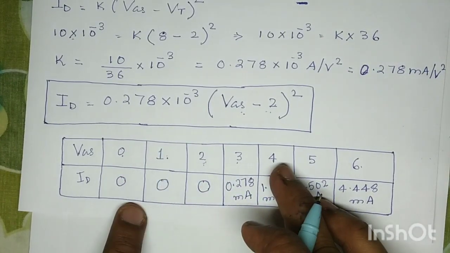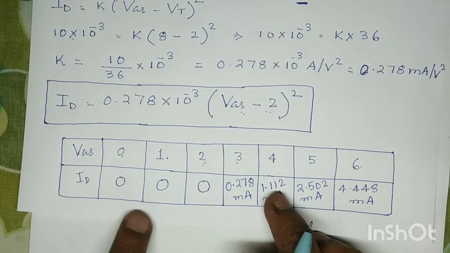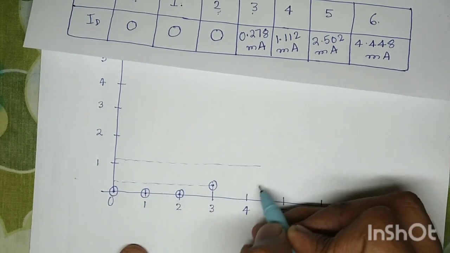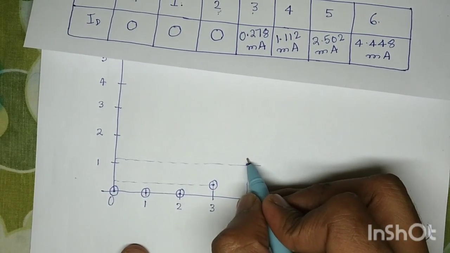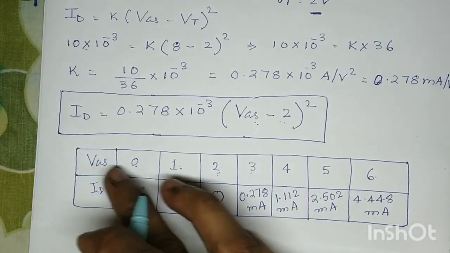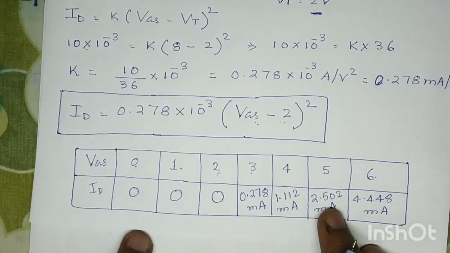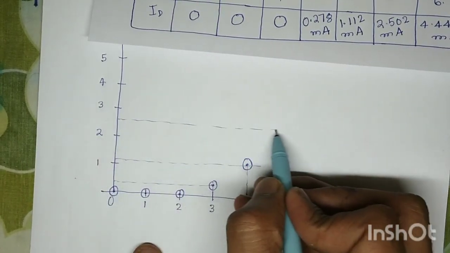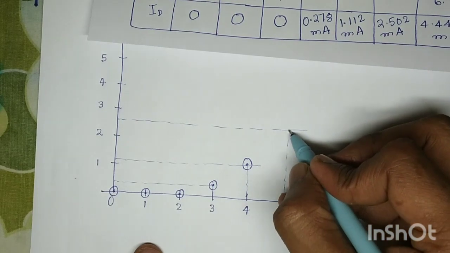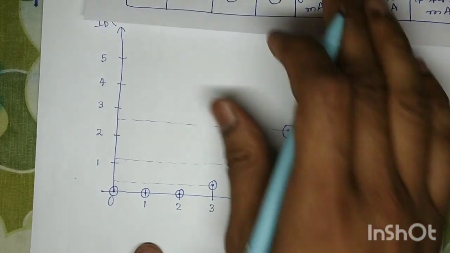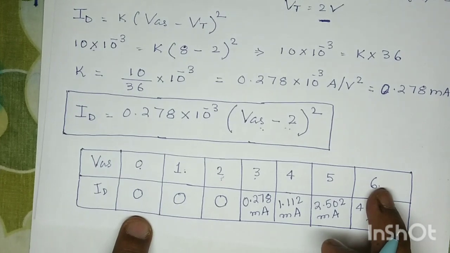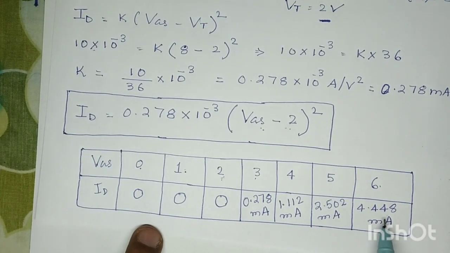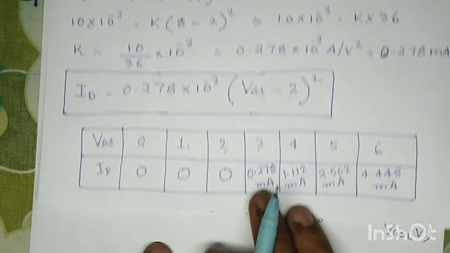When VGS is 4 volt, ID is 1.112, somewhere this point. When VGS is 5 volt, ID is 2.5 milliampere, representing this point. And when VGS is 6 volt, ID is 4.448, and let's suppose it is approximated to 4.5.